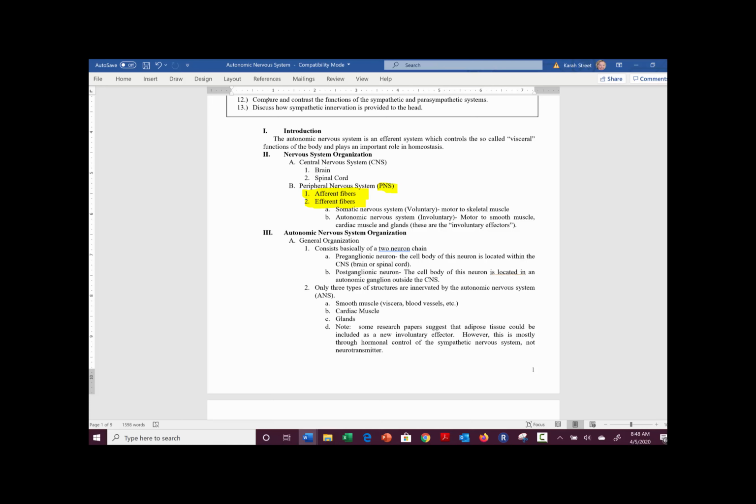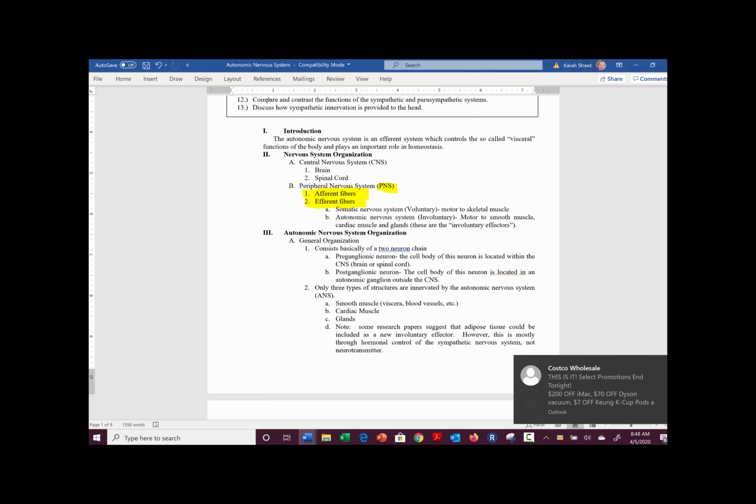That means incoming. Clearly, then those action potentials are relaying sensory information. Or are they efferent, outgoing, carrying the commands to effectors. Those commands can be voluntary or involuntary.